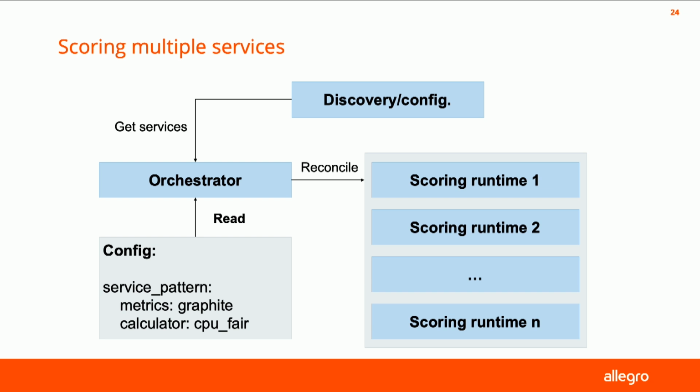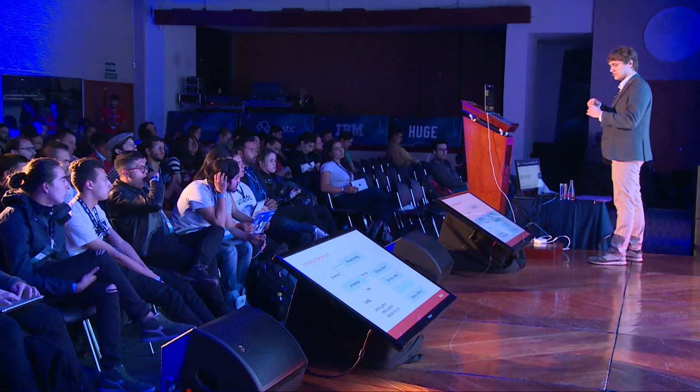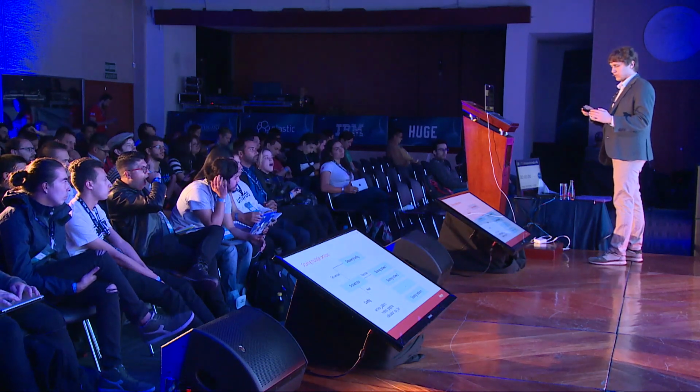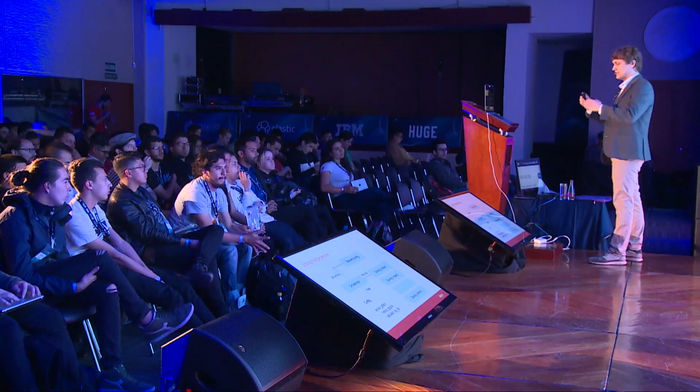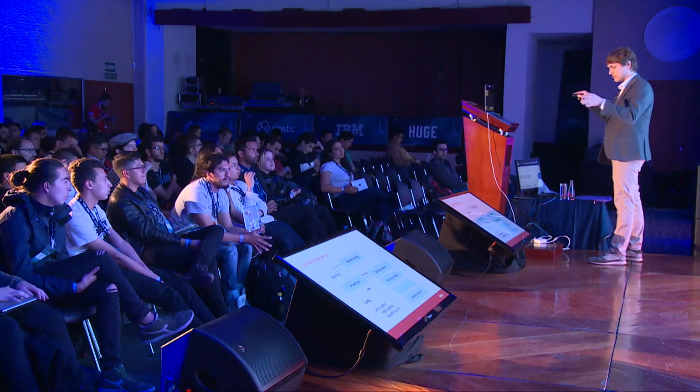It could read it from the configuration file or the database or whatever, and the configuration file has really small content. The content is a service pattern that matches some of the names of the services, and the configuration of every component that should be in the scoring runtime for those services that match the pattern.